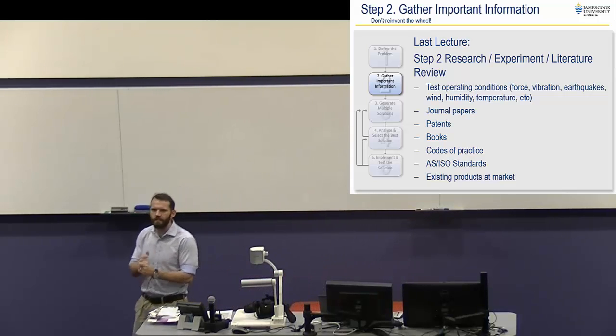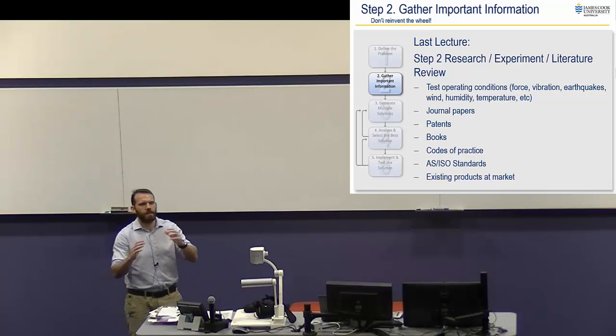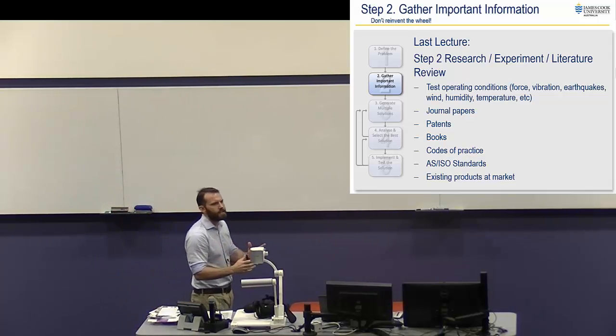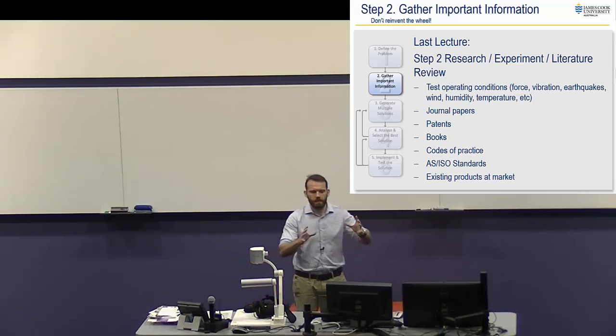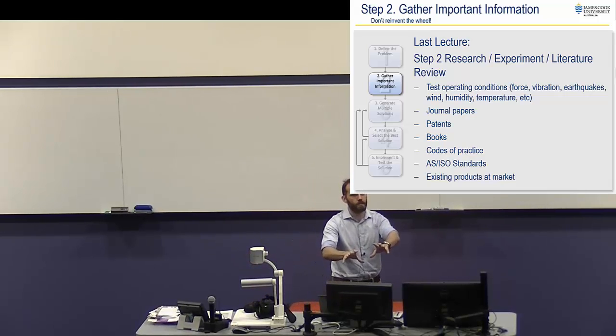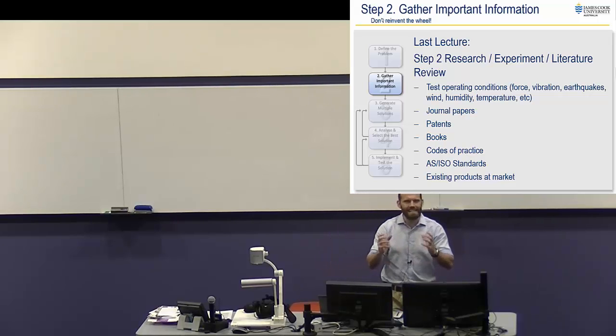So step 2 isn't just research with blinders on. Step 2 should be carried out in context, all right? Research, when you're talking about the design process, is always carried out in context. So I'm doing research, but I'm doing research for a very specific purpose, and that is to inform my design. All right?